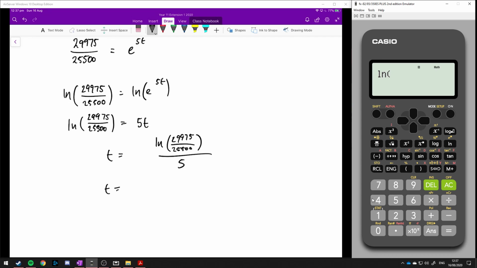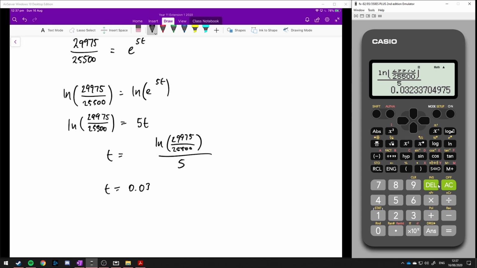So putting it into our calculator, 29975 over 25500 all over 5, which gives us 0.03.